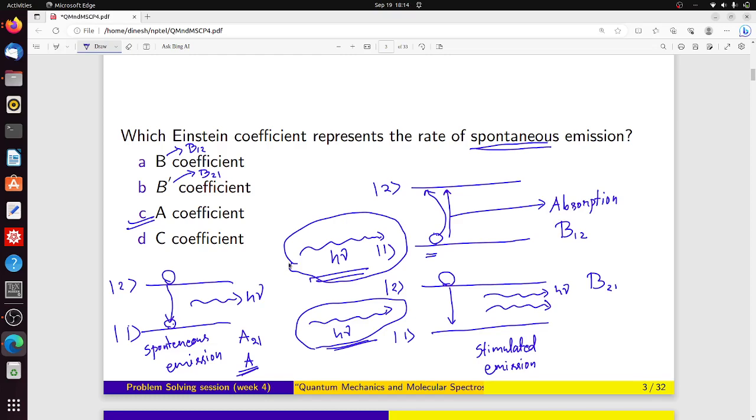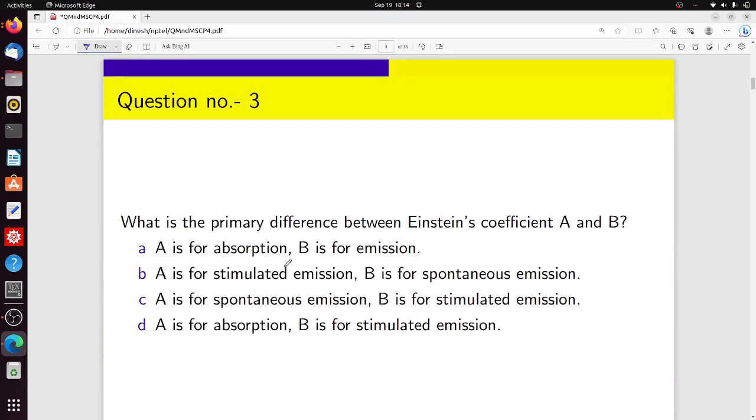No, sir. Okay, then we will move to the next question. What is the primary difference between Einstein coefficient A and B? These are the options. Tell me the answer. Just now I told you what the A and B coefficients are.